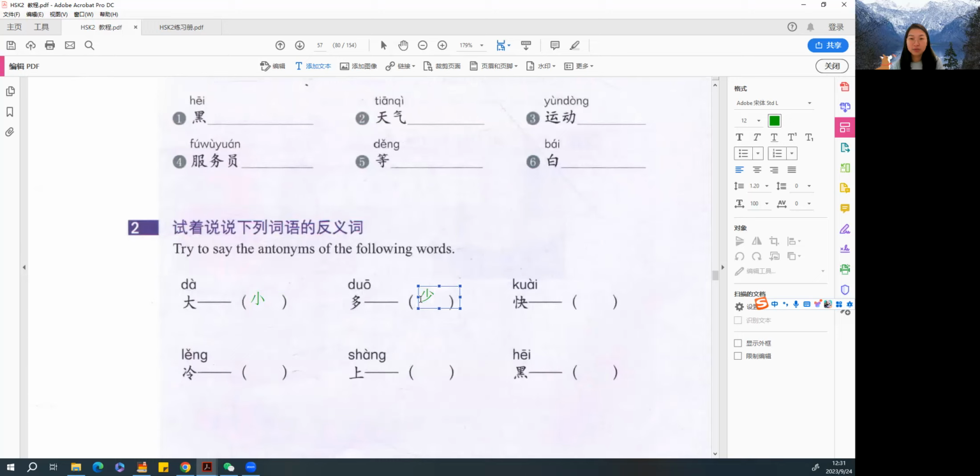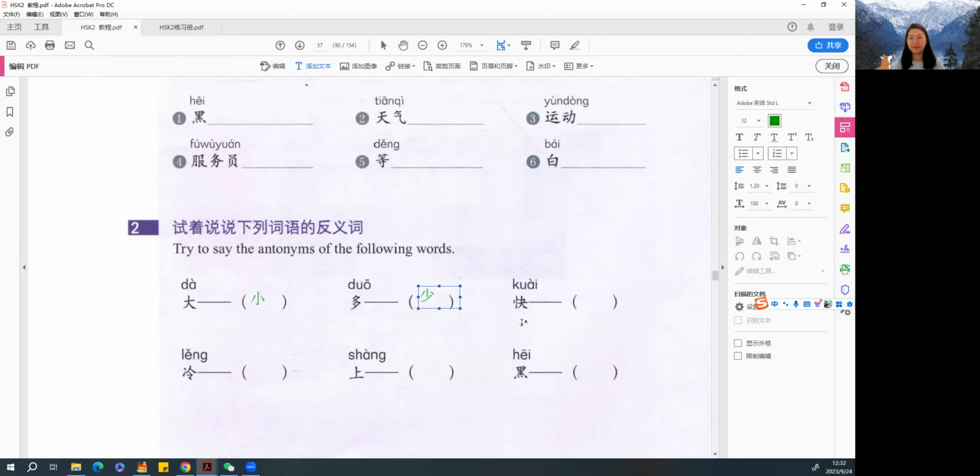And also like 你多少岁了, right? So 多少, but if we take it as separate characters, 多 means a lot of, 少 means a little of.